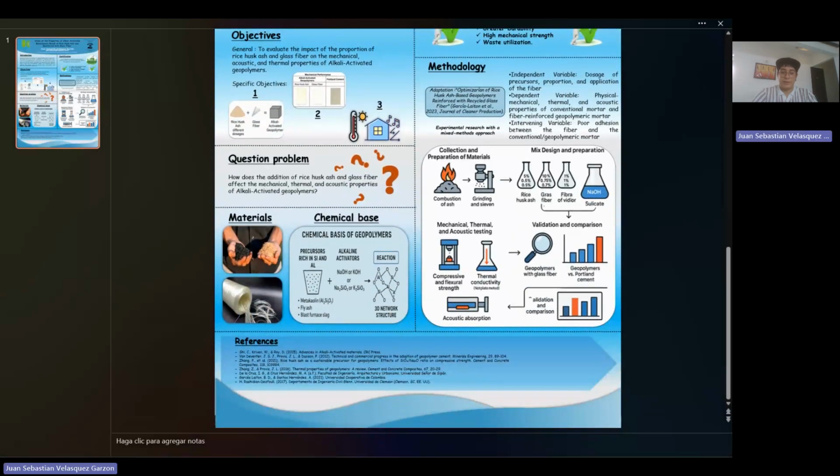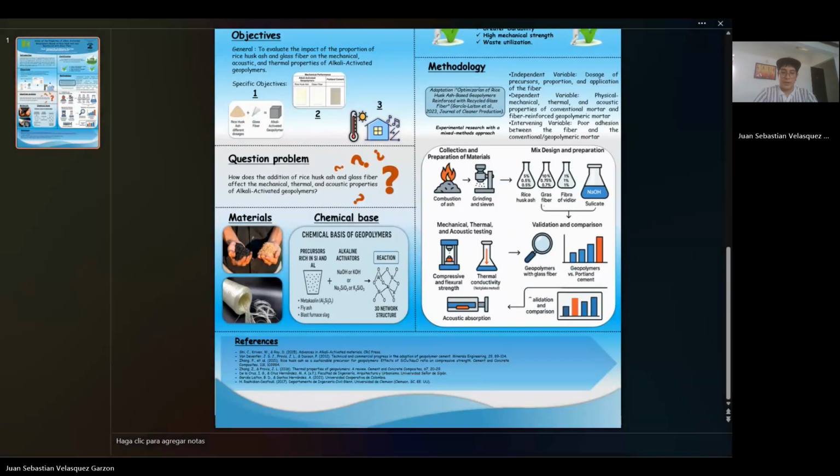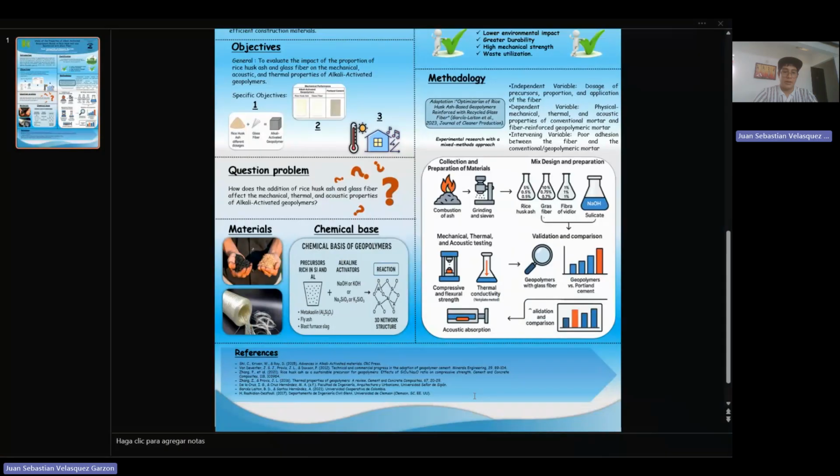Next, materials. Materials are rice husk ash, which will serve as the activator, and glass fiber, which will serve as the reinforcement, and chemical base. Shown on the left, the dry solid materials that contain silica (SiO2) and alumina (Al2O3) in an amorphous state, which facilitates the reaction.